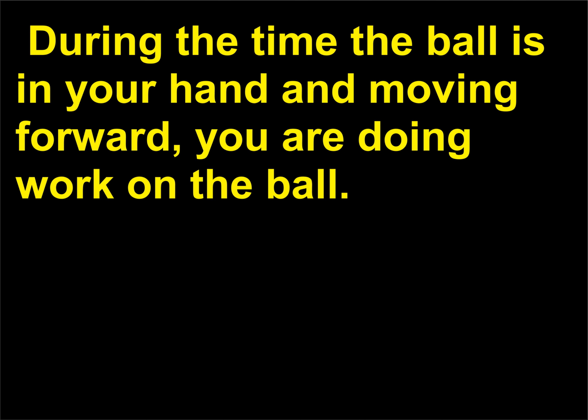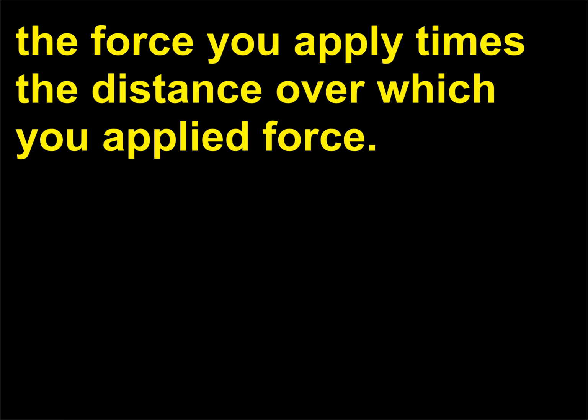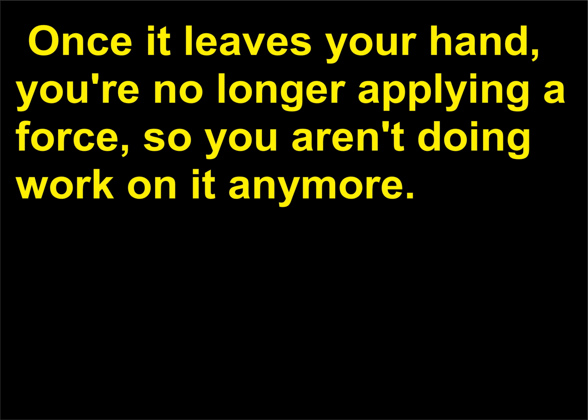During the time the ball is in your hand and moving forward, you are doing work on the ball. The total amount of work done can be calculated as the product of the force you apply times the distance over which you applied force. Once it leaves your hand, you're no longer applying a force, so you aren't doing work on it anymore.